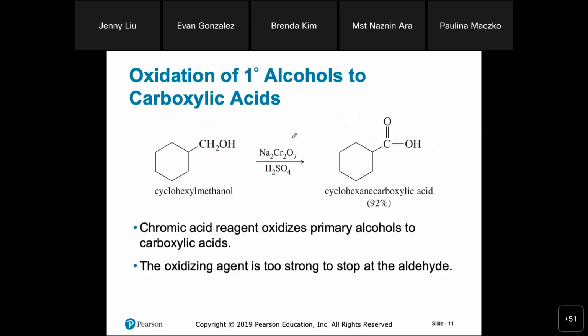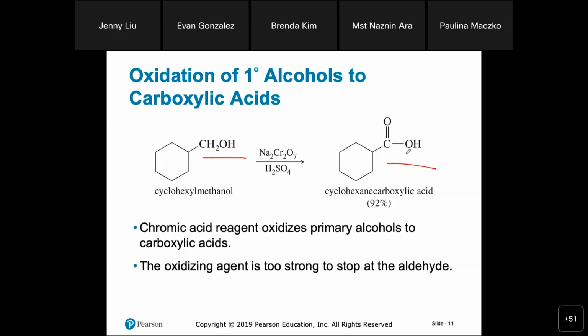And here, when we use the chromic acid reagent, or sodium chromate in the presence of sulfuric acid, cyclohexyl methanol will form the carboxylic acid. Remember that this reaction is very fast and strong. You can ask me, Professor, you showed that first the alcohol goes to aldehyde and then acid, so why here directly acid?